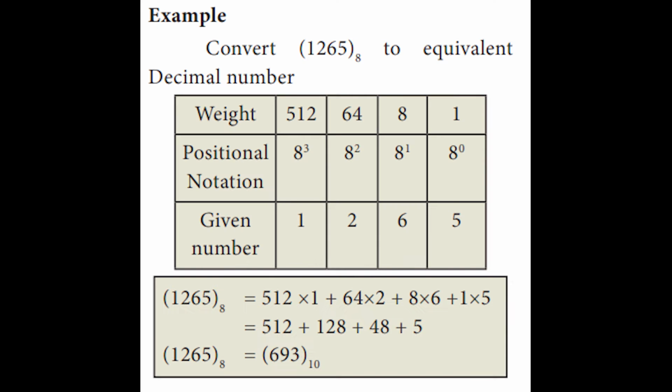Let's see an example. In your book on page number 21, they have given an example: 1265. This is an octal number and we are going to convert it into a decimal number. First we write the octal number 1265, and then we list the powers of 8 from right to left.